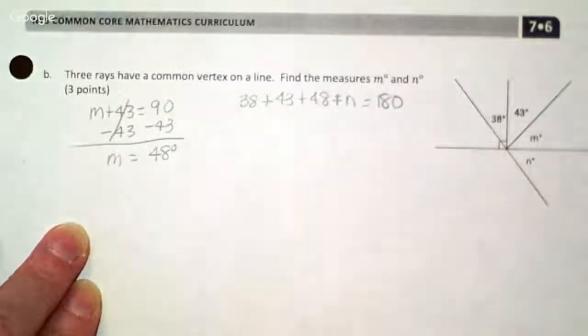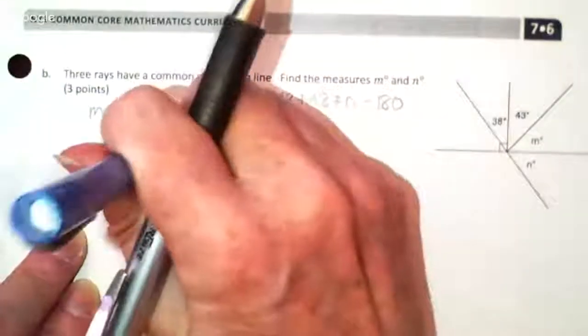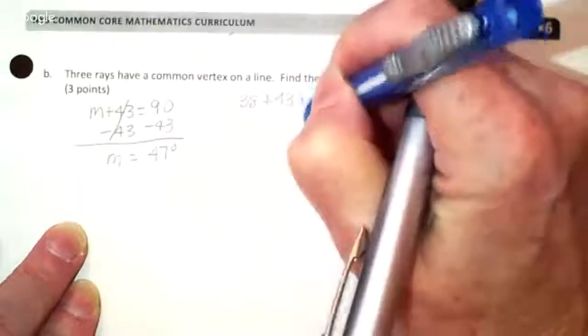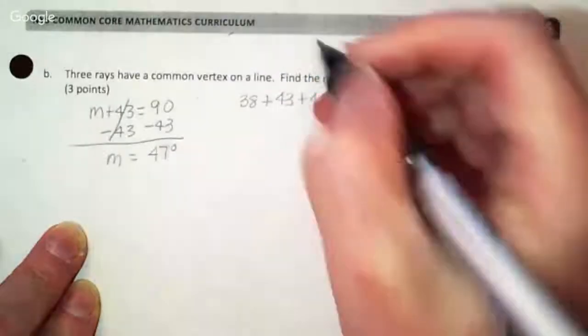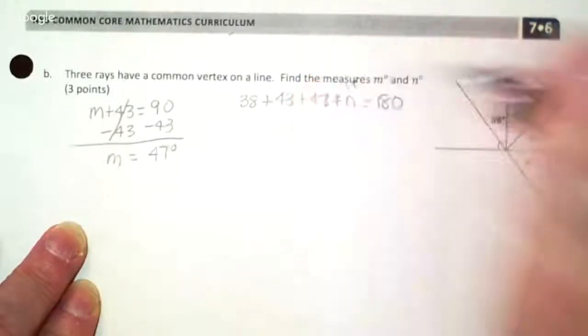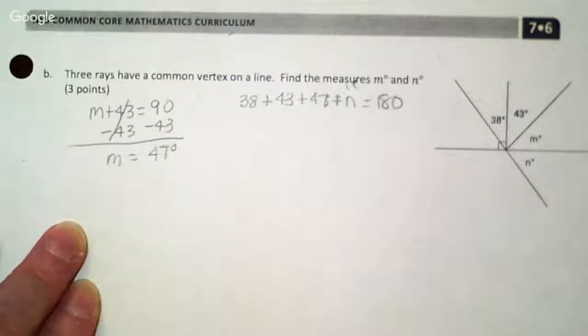And guys, this is a mistake. 47, guys, not 48. So this is 47, not 48. So you're adding 38 plus 43 plus 47.